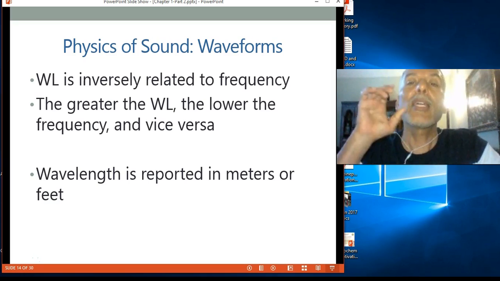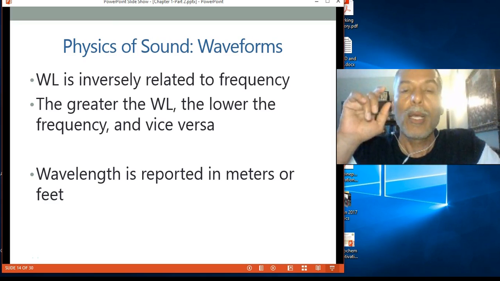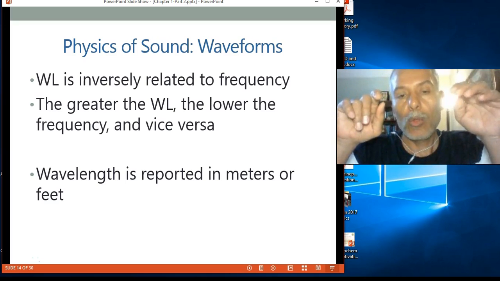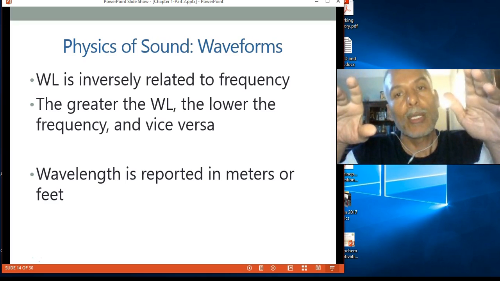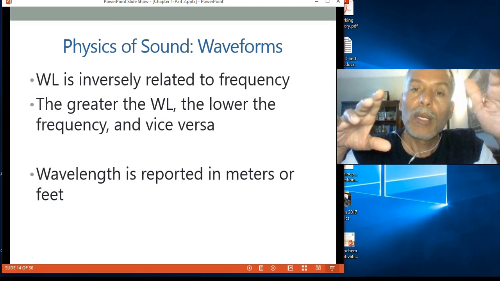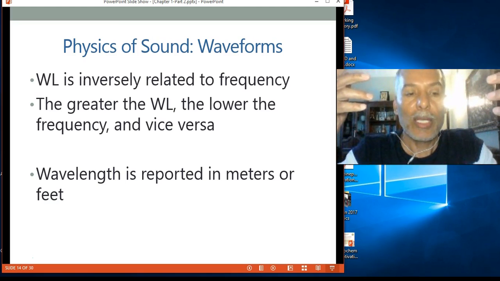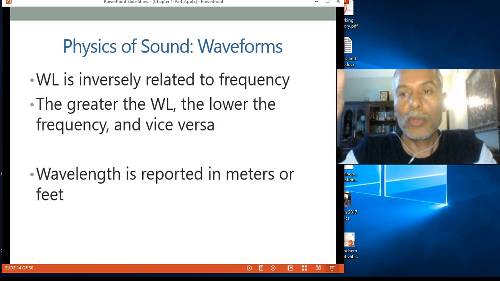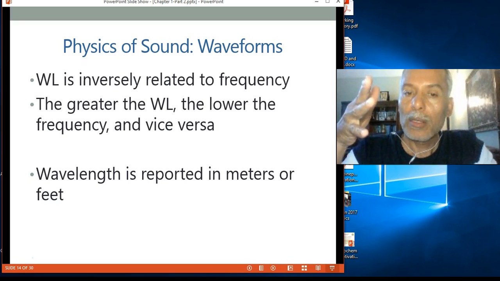So the length of the wave goes also with frequency, goes also with period. Go back to the example I gave you in the class. I am racing with one of the students, and the student goes 10 feet and I travel 20 feet.